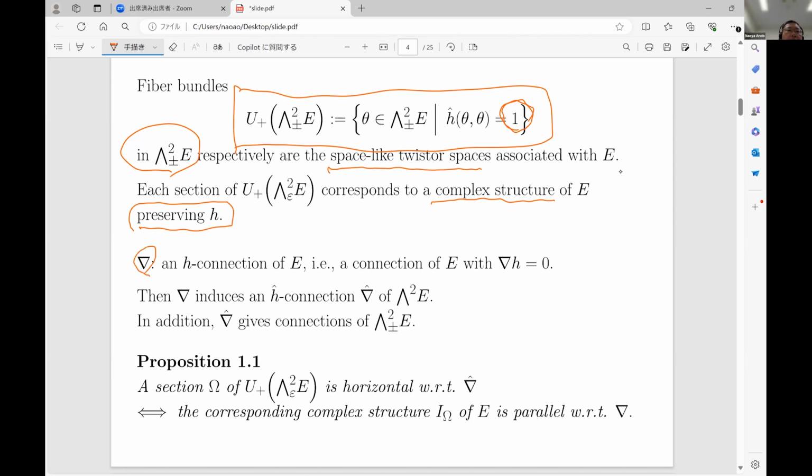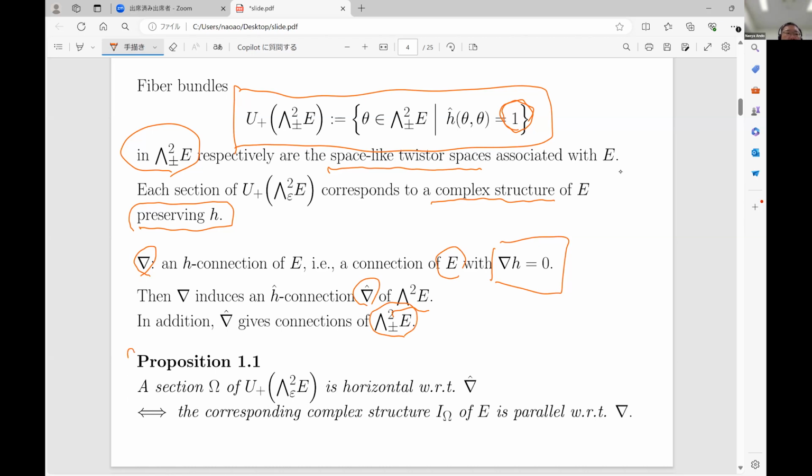Let nabla be an H connection of E. Then nabla is a connection of the vector bundle satisfying this condition. Then nabla induces an H hat connection nabla hat of the twofold exterior power of E. In addition, nabla hat gives connections of these subbundles.